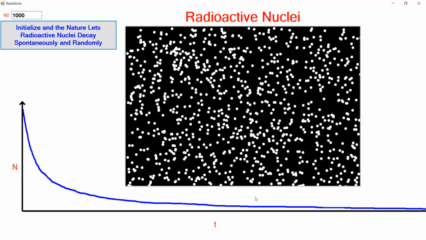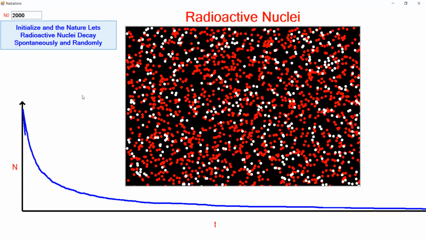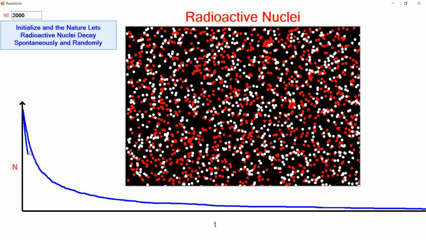Okay, so again, we can check it again. Let's say there are 2000 nuclei. In that case, you can see the slope of the graph at the start will be greater as compared with the previous one.